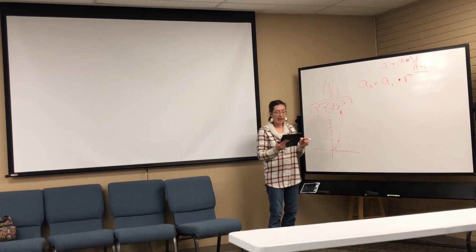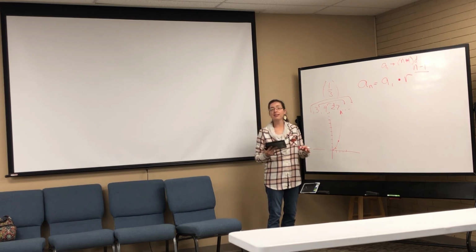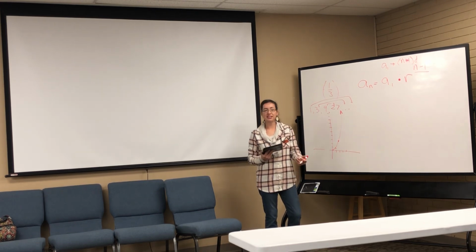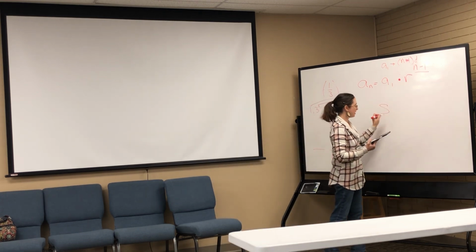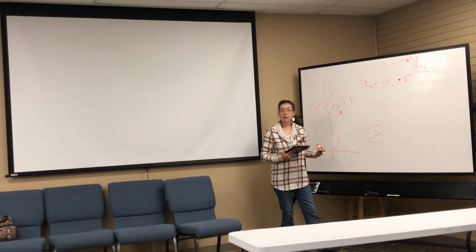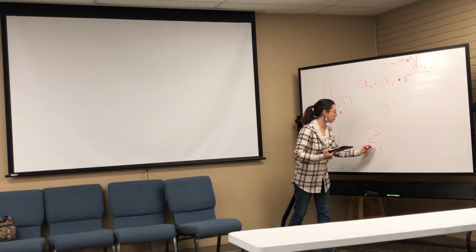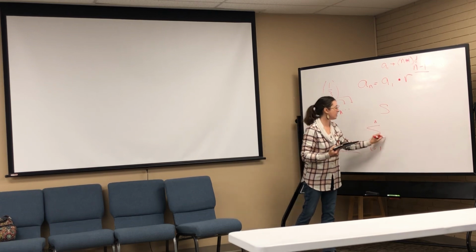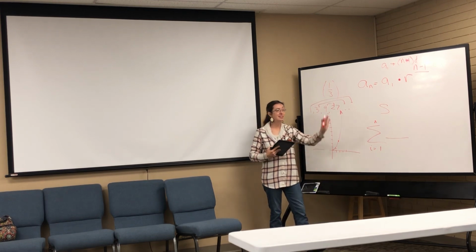There is a long explanation of why it comes out to be what it is in your book if you want to read it. But the summation formula has the same relationship. We have the sum from some value where it starts to some other value, and then the expression, which looks exactly the same.